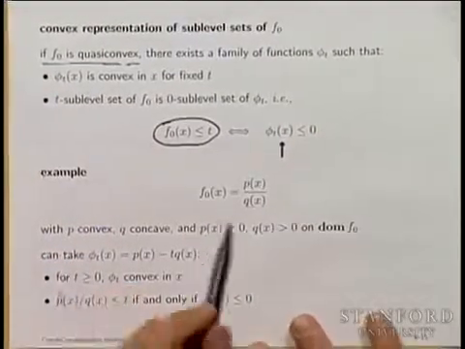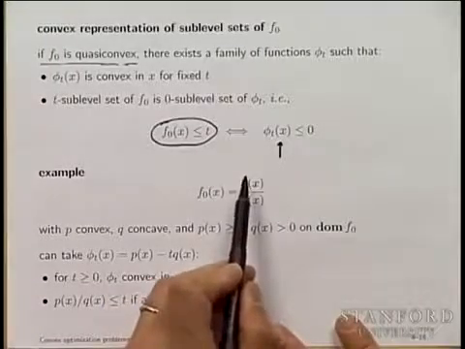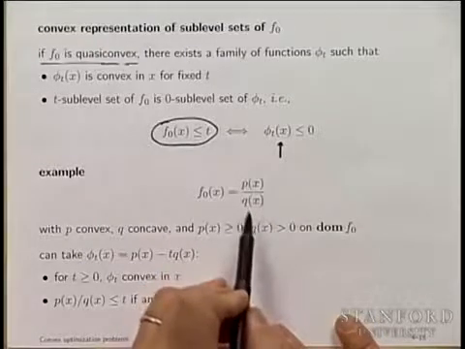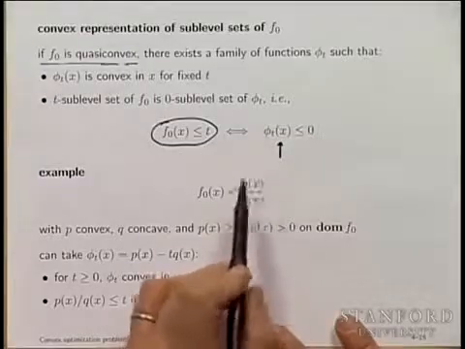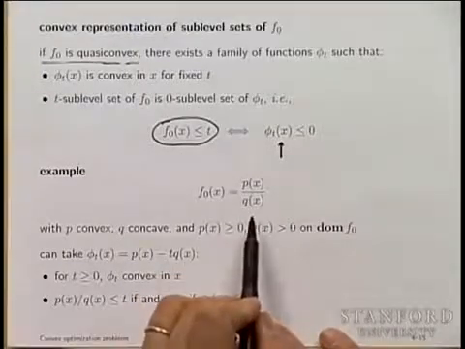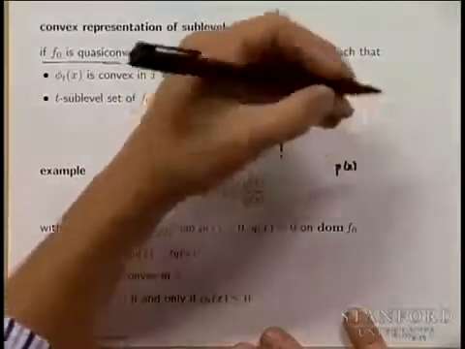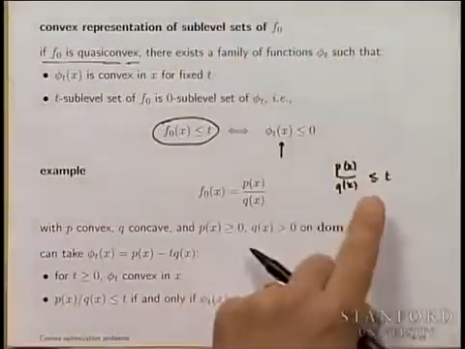Here's an example. It's a general fact that if you have a ratio of a non-negative convex function to a positive concave function, this function here is quasi-convex. It's very easy to show that. You want to know, is that a convex function of x?